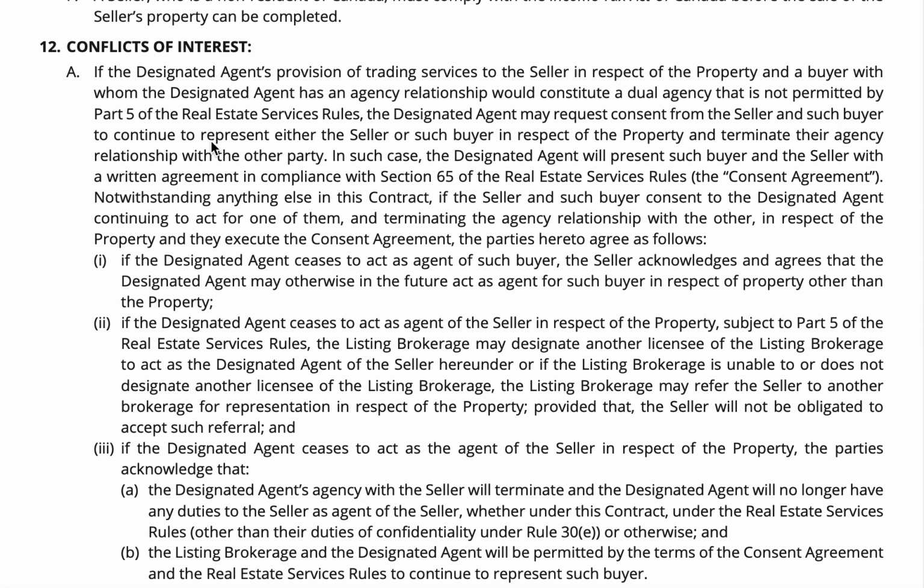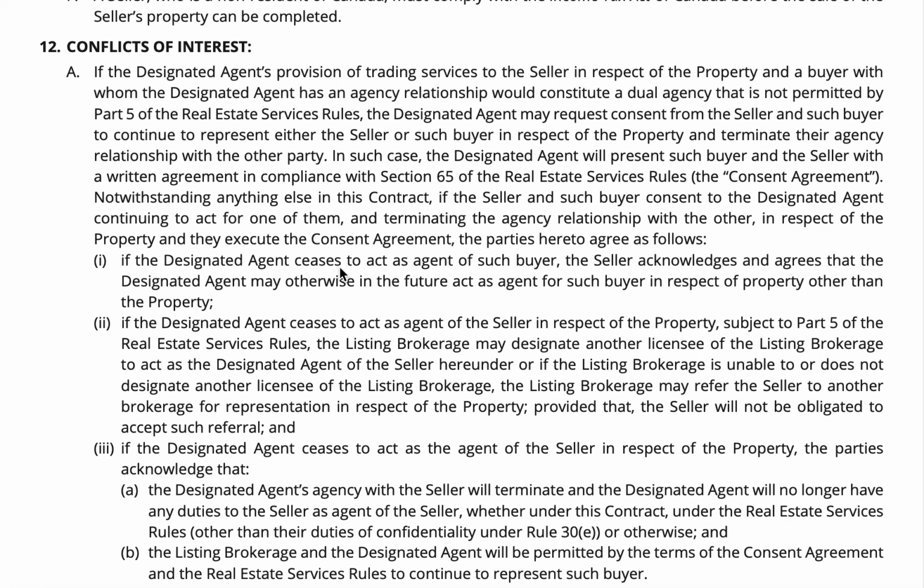This is the part that talks about conflicts of interest. The primary conflict of interest that will come up is, like I said, if I have a buyer who wants to purchase your property. And if that becomes the case, we have a couple of options. One is I say to my buyer, listen, I represent the seller in this process. I cannot work with you.